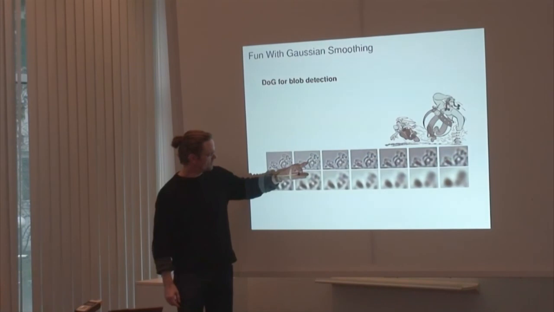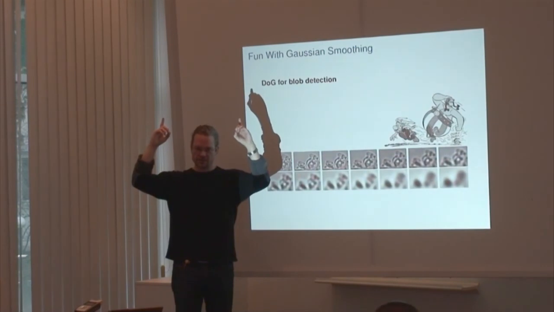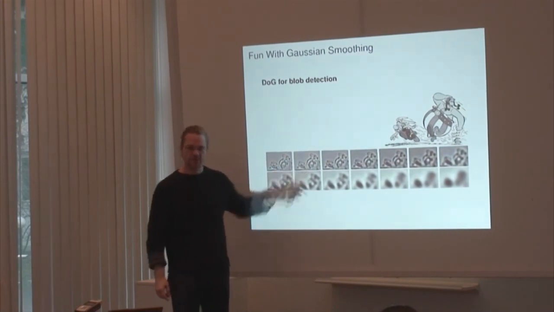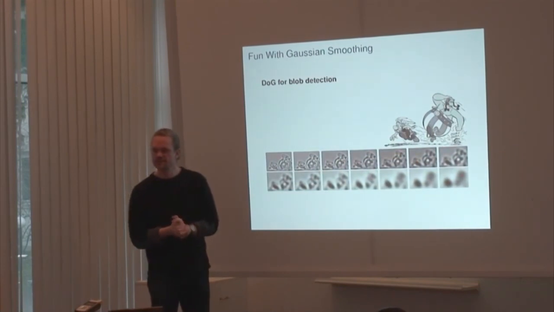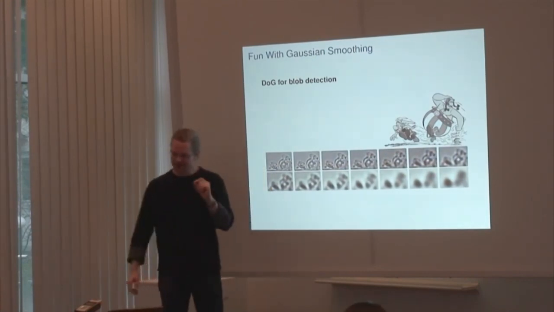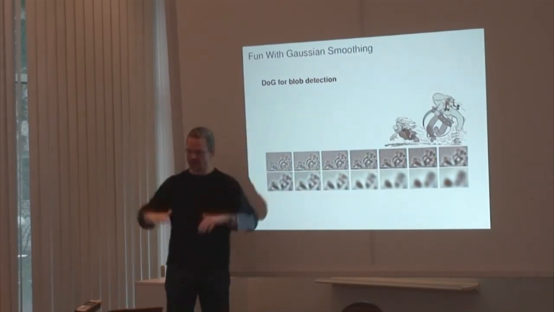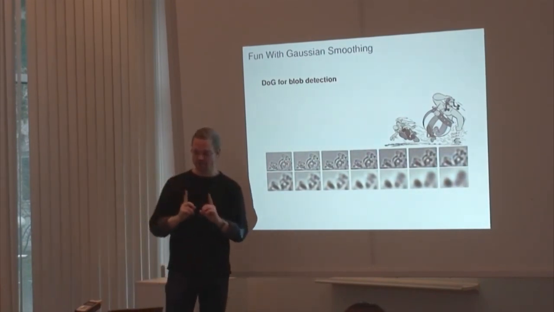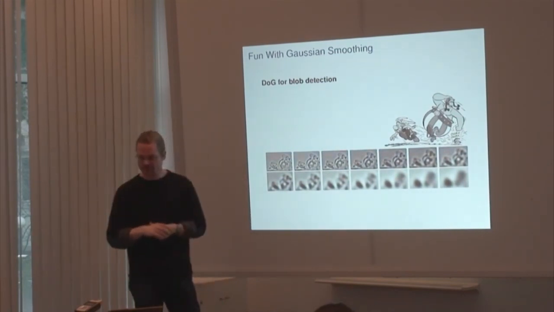This pixel does not only have the 8 neighbors in its own layer, but there are 9 pixels immediately on top of it and 9 below. If a pixel is the largest with respect to all its 26 neighbors, the 9 on top, the 9 below, and the 8 surrounding it, then we call it a local maximum. If it is smaller than all of the 26 neighbors, we call it a local minimum.